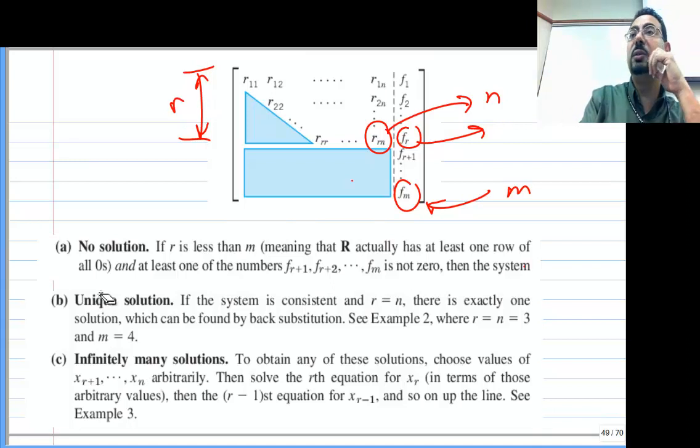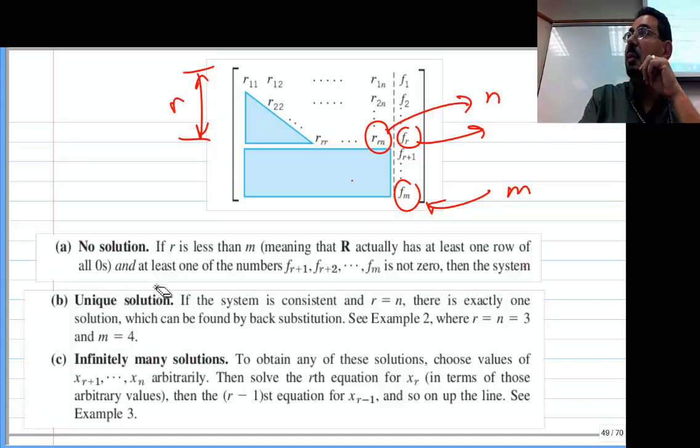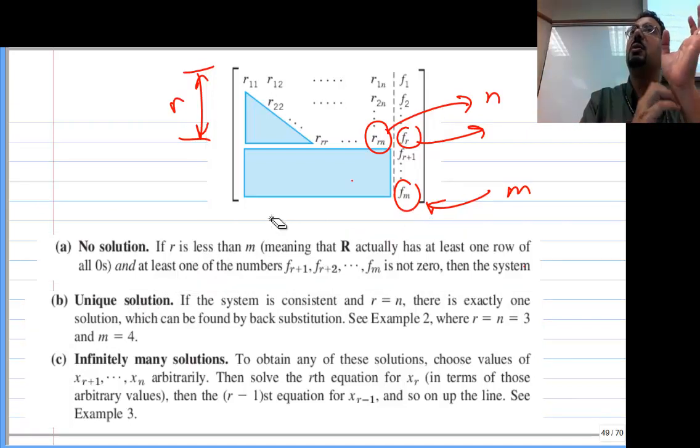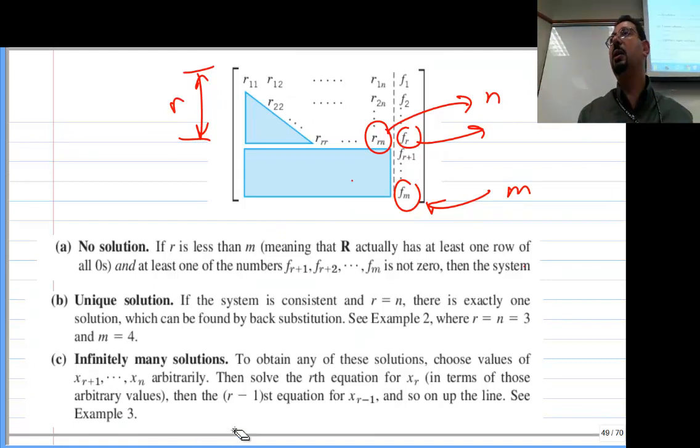Either no solution, when 0, 0, 0 equals 12, or a unique solution when you get a truly 3 by 3 system, or an infinite number of solutions when you end up with, for example, one equation and 4 unknowns.